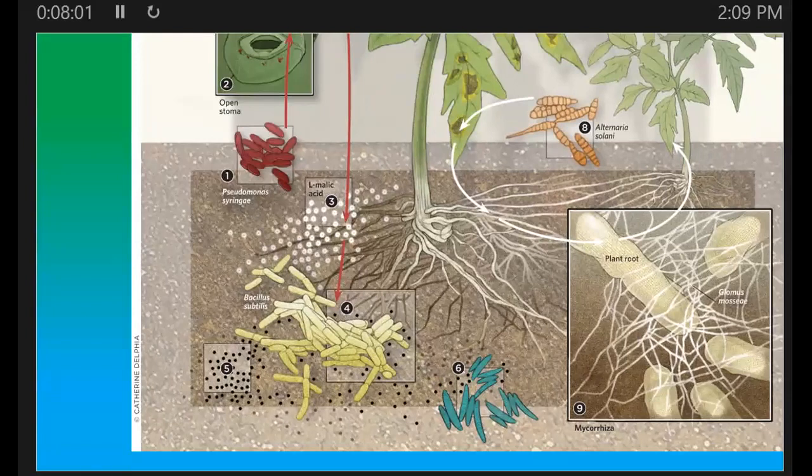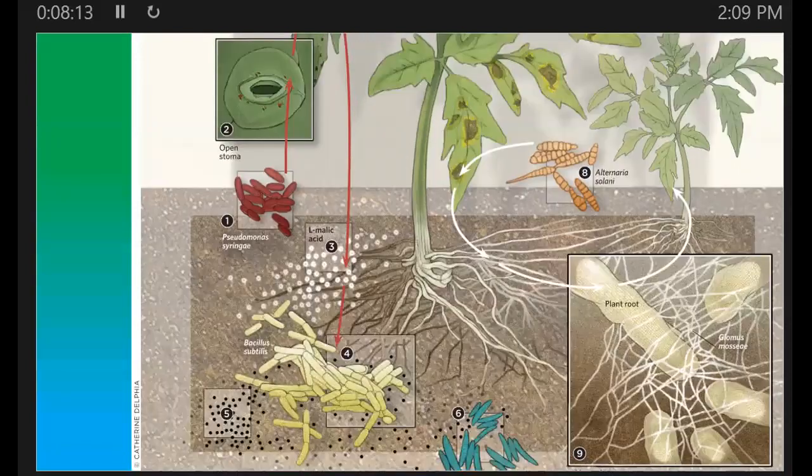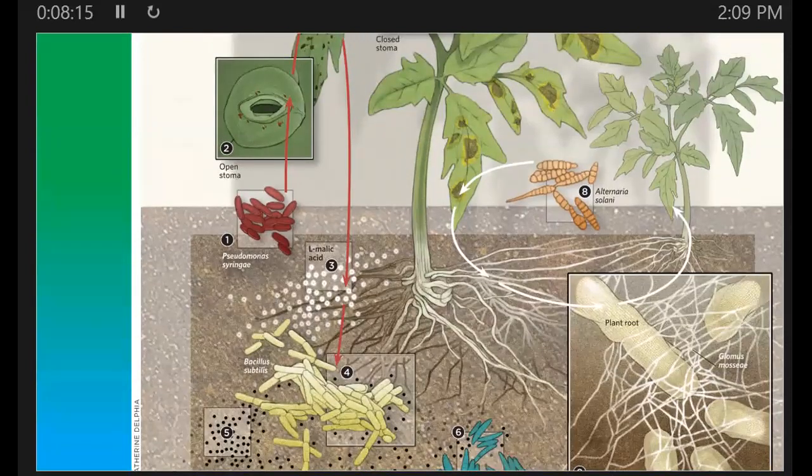They're showing this one producing black dots. These are chemicals, and basically it serves a dual function. There are chemicals that will inhibit certain microbes around the root, but it also communicates back to the plant, hey, let me persist here, don't inhibit me.